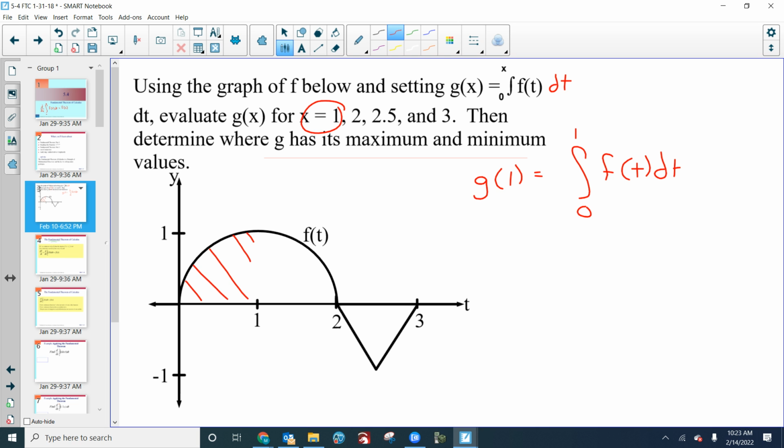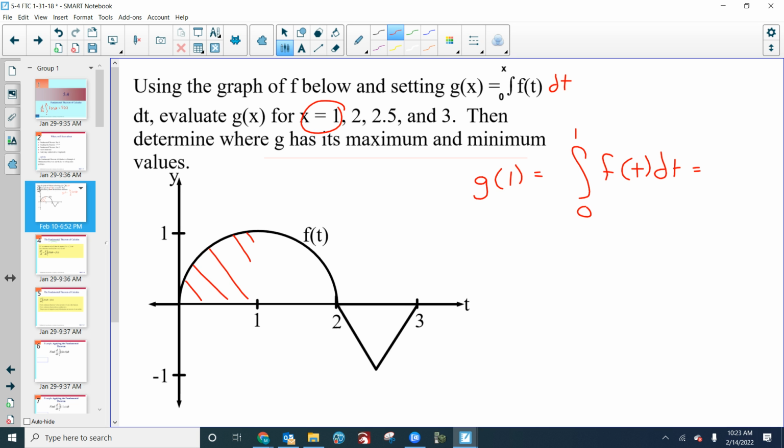They're using the graph of f, and the test writers will say something to the effect of evaluate g of 1, where f is a piecewise function broken up into a semicircle and a triangle. Okay, they'll tell you that's a semicircle. So if this is a semicircle, the integral from 0 to 1 would be a quarter circle, which we can find the area of geometrically, right?